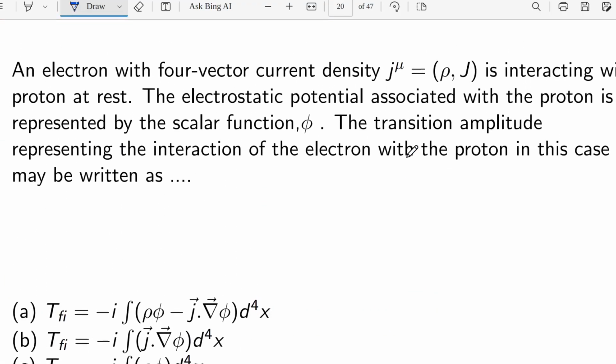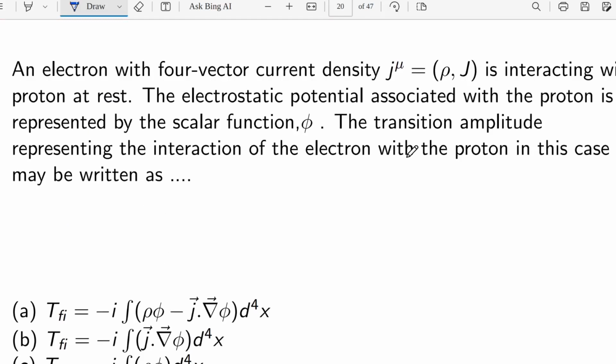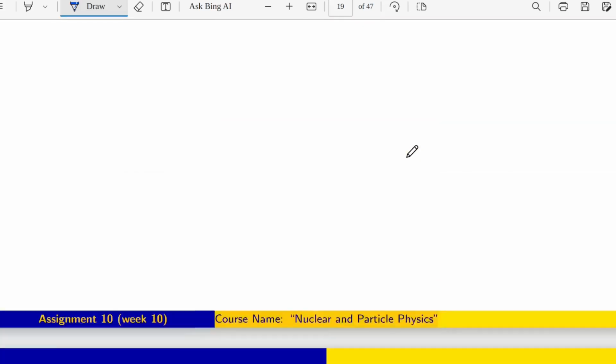And then we have also calculated the TFI transition amplitude for one electron with the 4-vector current density, with the interaction of a proton.